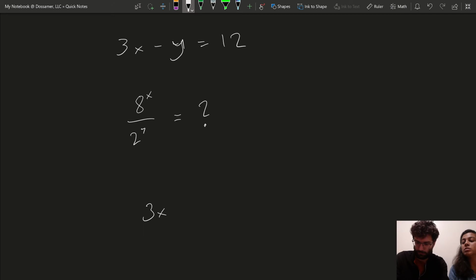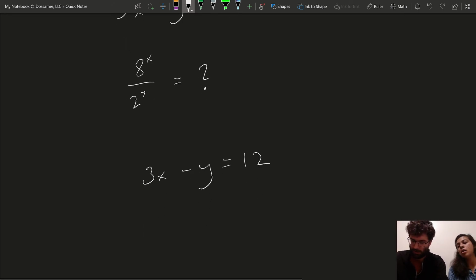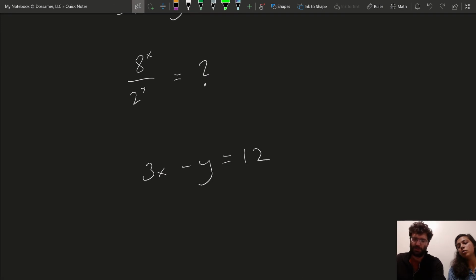In particular, we'll have to do the least amount of simplification if we put y in terms of 3x, because then we just have to add instead of also dividing. So if I want to solve for y in terms of x, what does that look like?